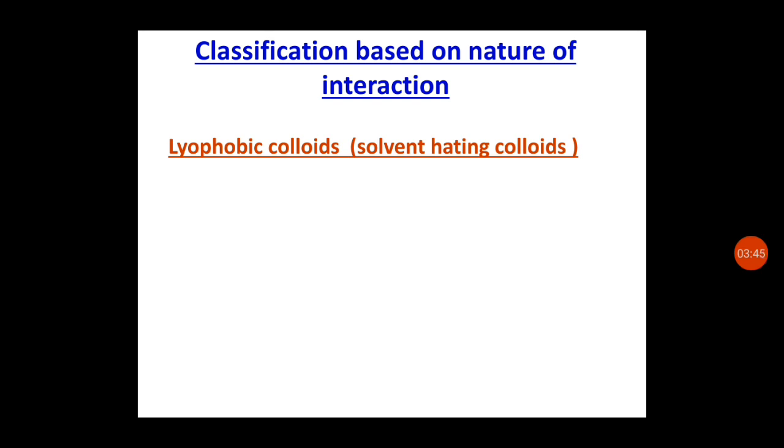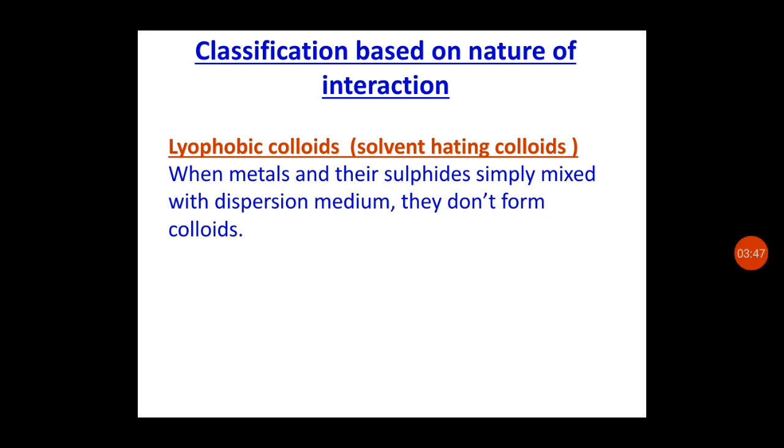When metals and their sulfides are simply mixed with dispersion medium, they don't form colloids. They need some stabilizer. So this stabilizing agent makes the colloid, like oil and water. They are not mixed directly. So we need some stabilizer to stabilize these colloids.